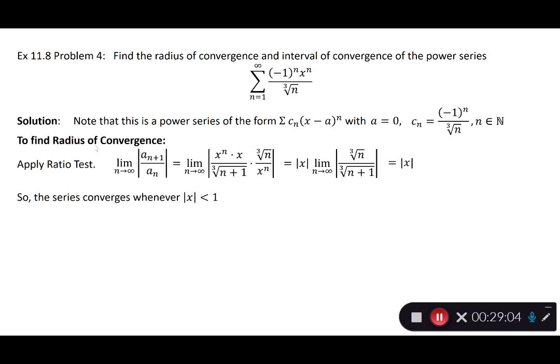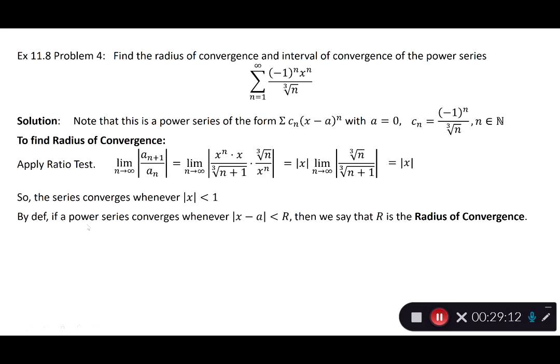Now here is where we need to look at the definition of radius of convergence. The definition said, if a power series converges whenever the absolute value of x minus a is less than r, then we say r is the radius of convergence.